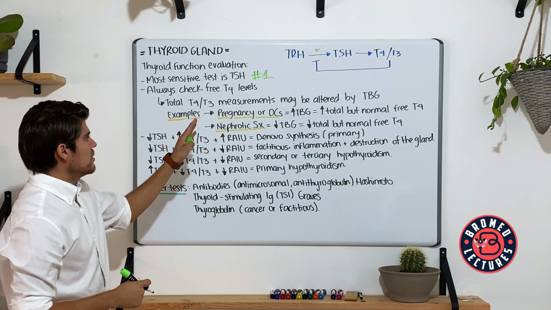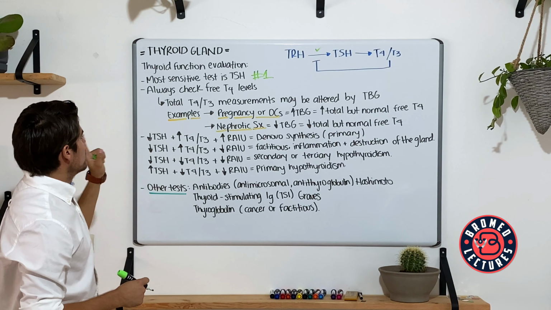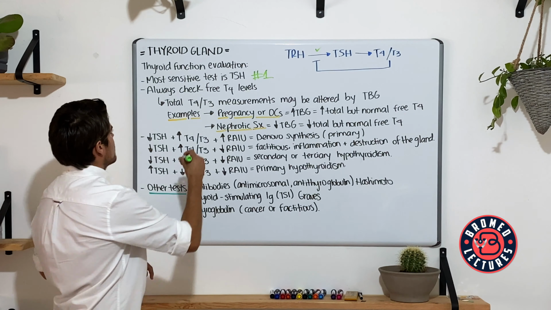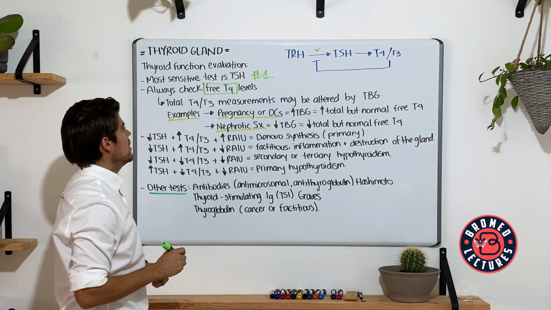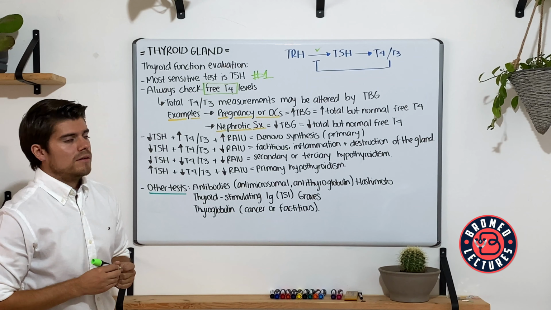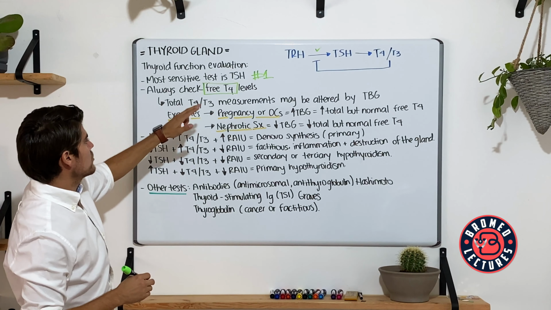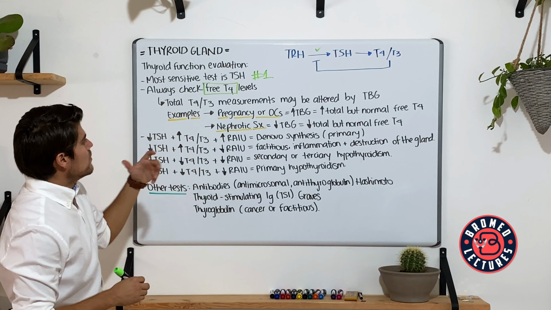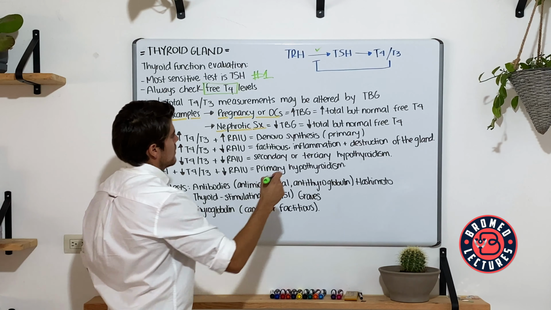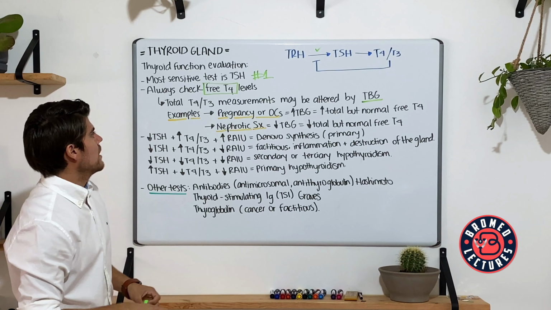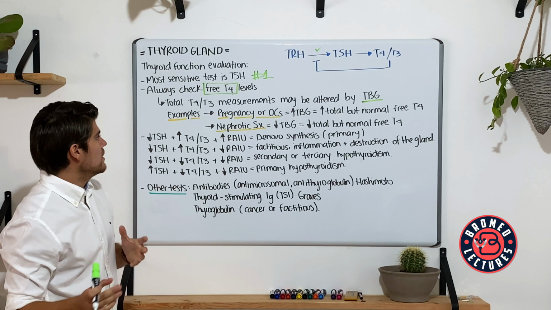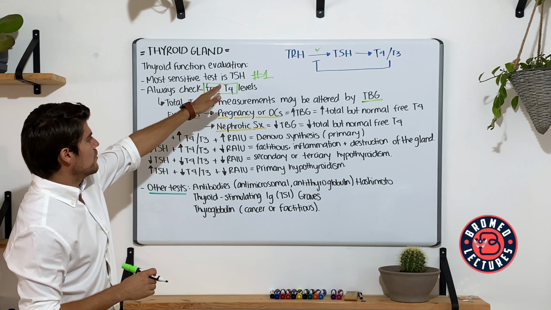Always have a TSH. Then rule number 2 is always check free T4 levels. This is because the total measurements of hormone may be altered by the thyroid binding globulin. So always diagnose on the basis of the free levels of hormone.